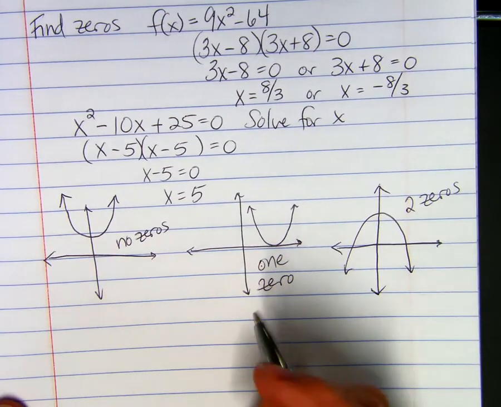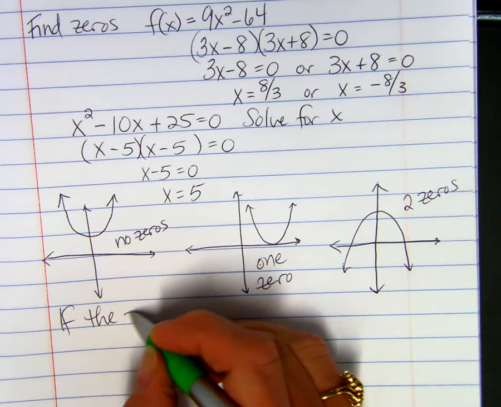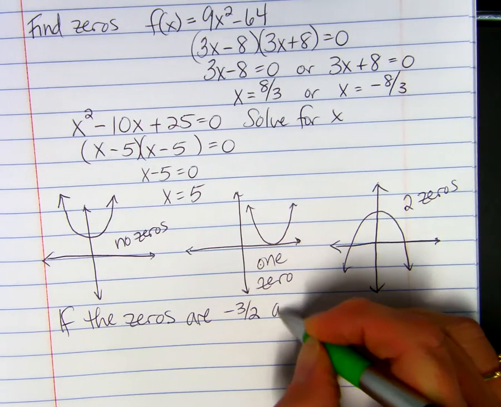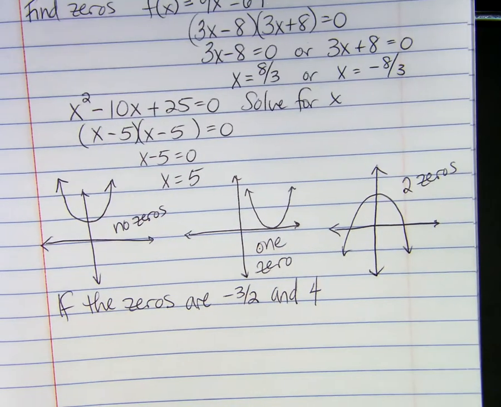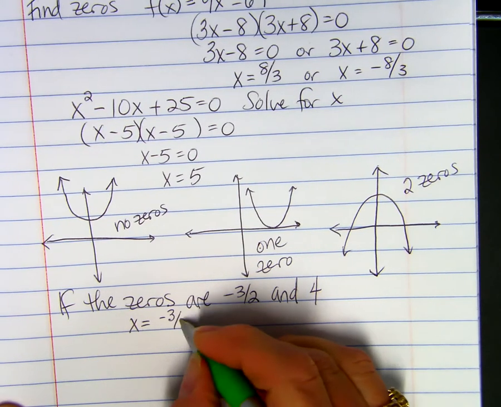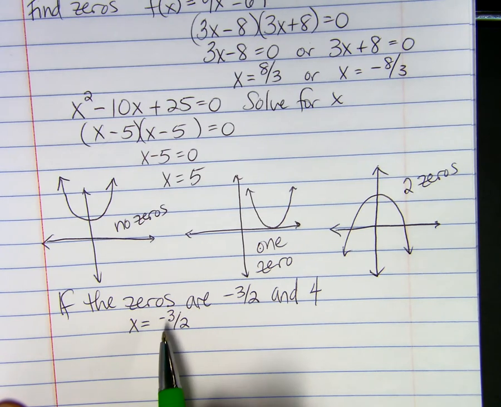Okay. So you can work backwards. If you're given the zeros, you can find the function. So here's an example. If the zeros are negative 3/2 and 4. The way you work backwards, you say, okay, well, x equals negative 3/2, and we want to get it to where there's a 0 on this side.